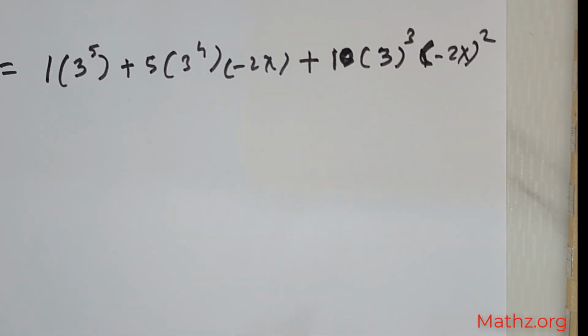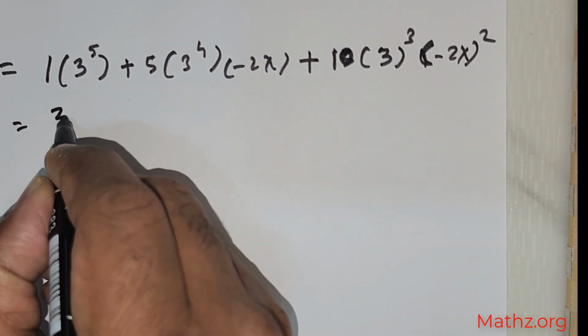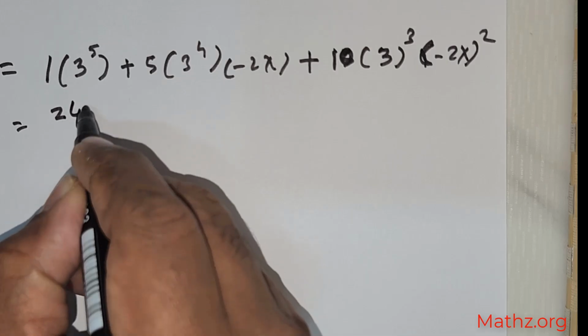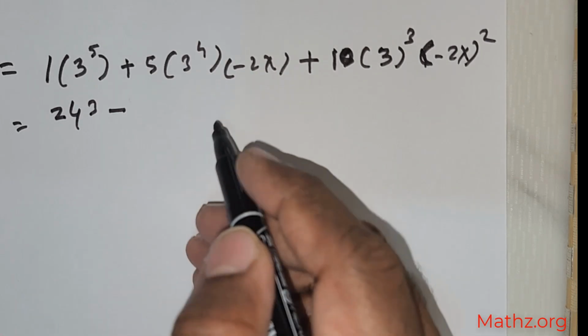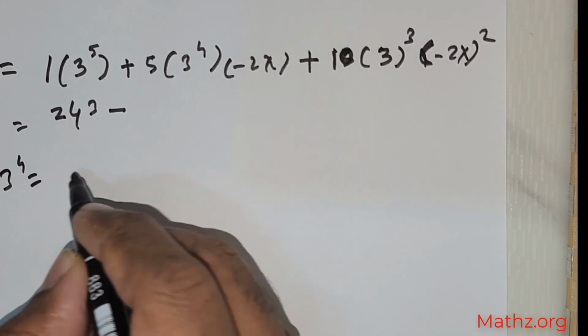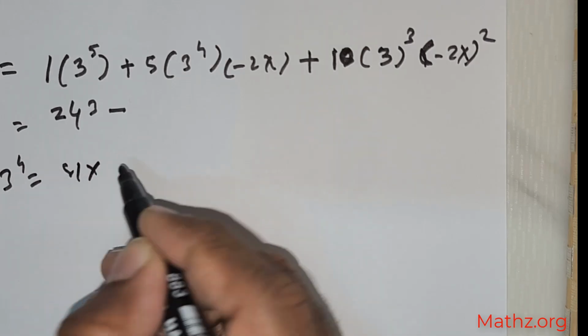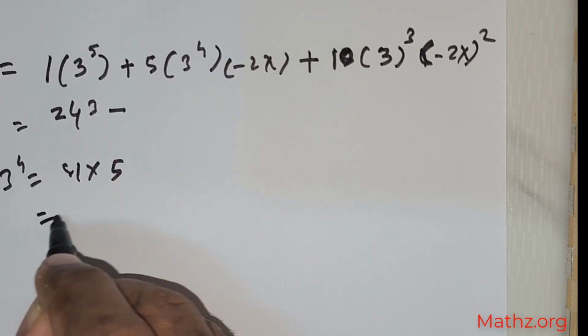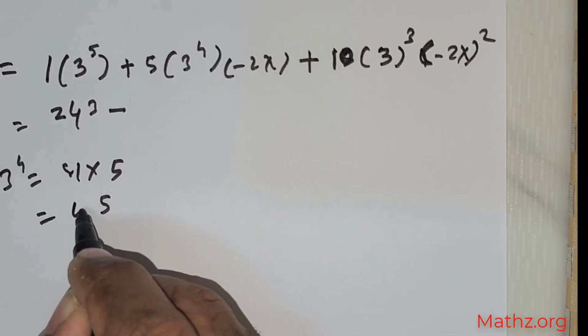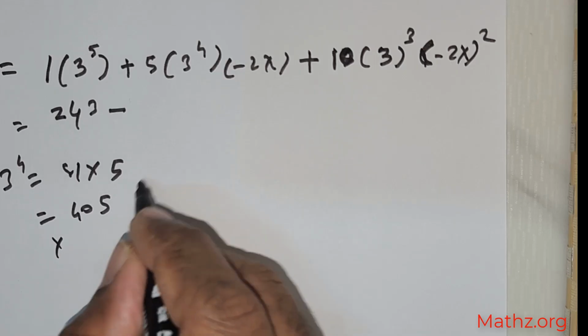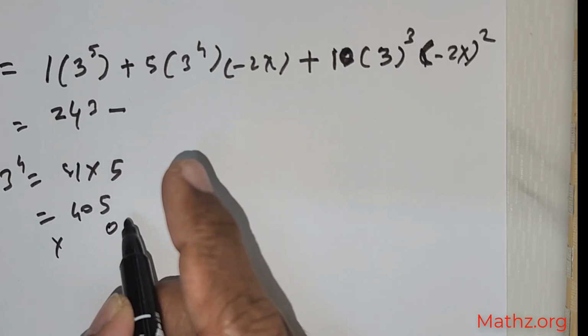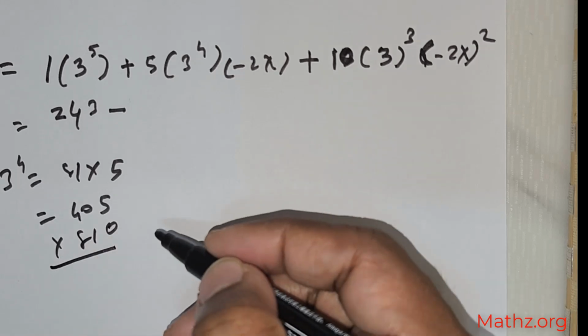Now if you were to rewrite this, this is going to give you 3 raised to the power of 5, that's going to be 243. This is going to give you 3 raised to the power of 4, that's going to be 81, multiplied with 5 ones are 5, 5 8s are 40, multiplied by 2, 5 2s are 10, 1 and 8.